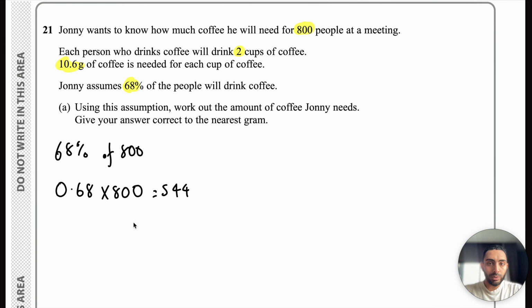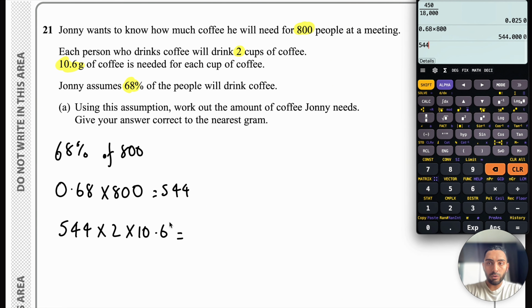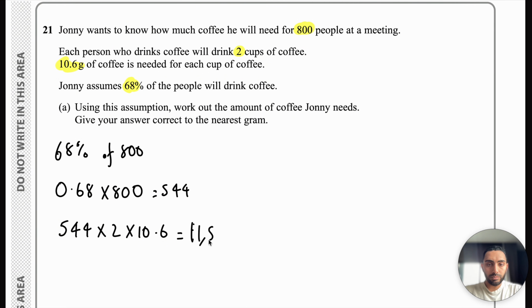And each person will be drinking 2 cups, so I'm going to multiply it by 2, so 544 times 2. And each person will drink 10.6 grams per cup, so I need to multiply it by 10.6 as well. Multiply all of those together, 544 times 2 times 10.6, which is 11,532.8 grams.